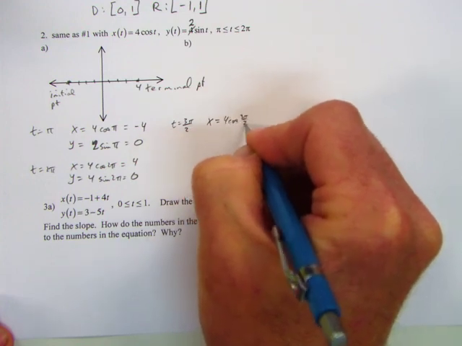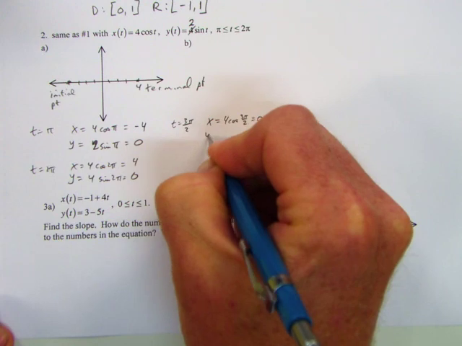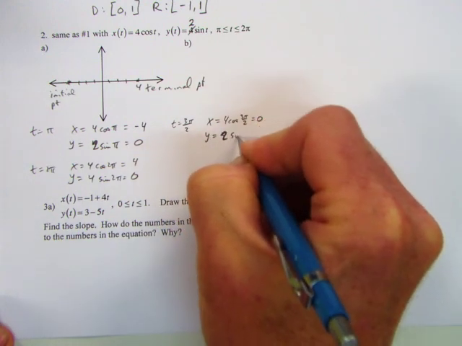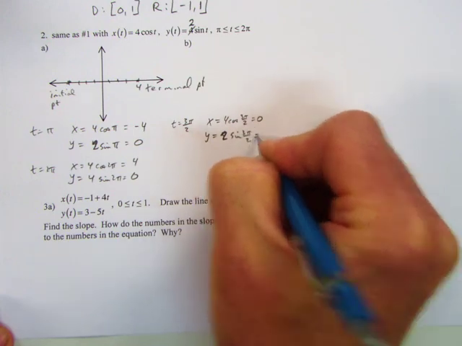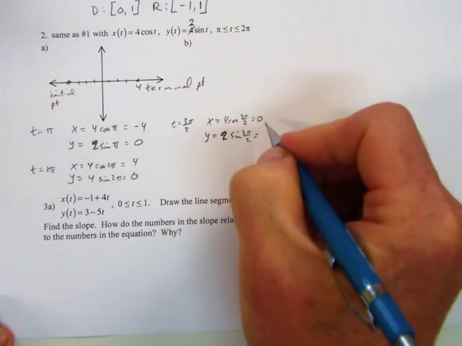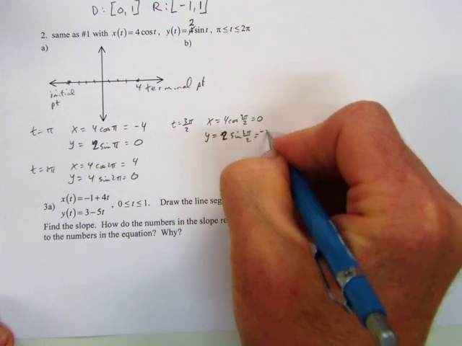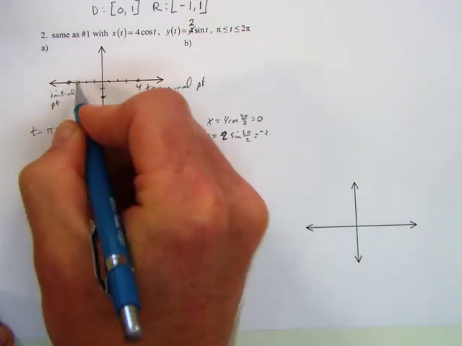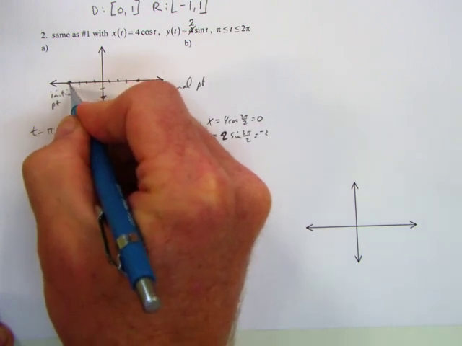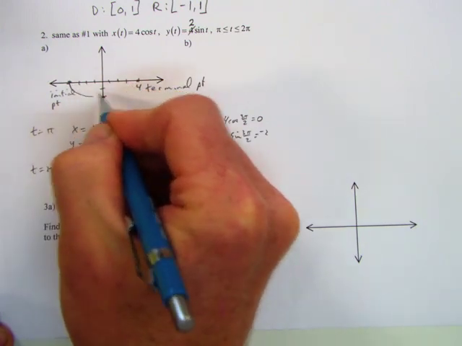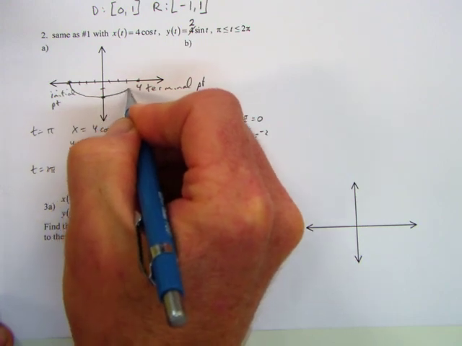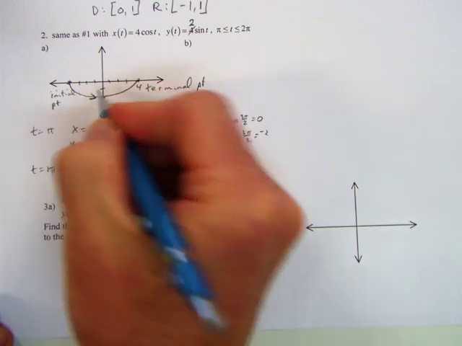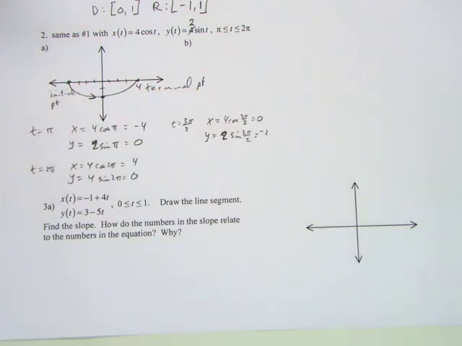So 4 times 0, 0. y would be 2 times the sine of 3 pi over 2. The sine of 3 pi over 2 would be negative 1, so this would be negative 2. So that would be 0, negative 2 like this. These are fairly simple functions. And we have a graph that looks like that, and we're going in the right direction there.